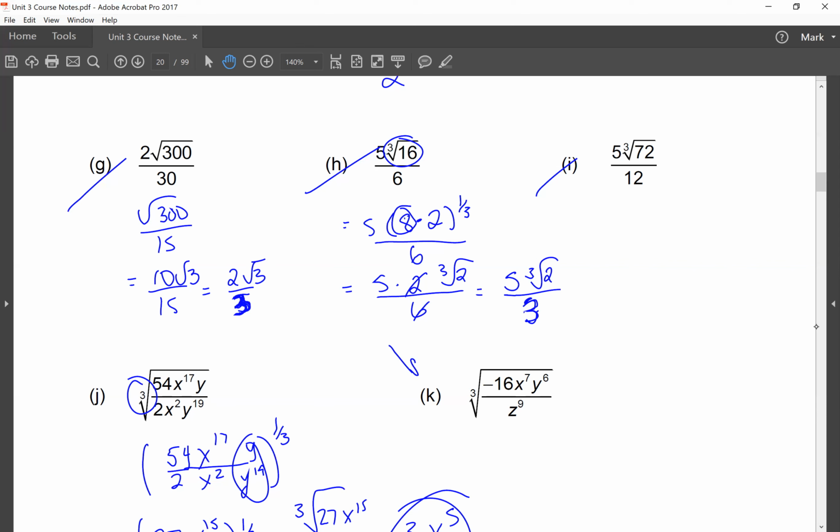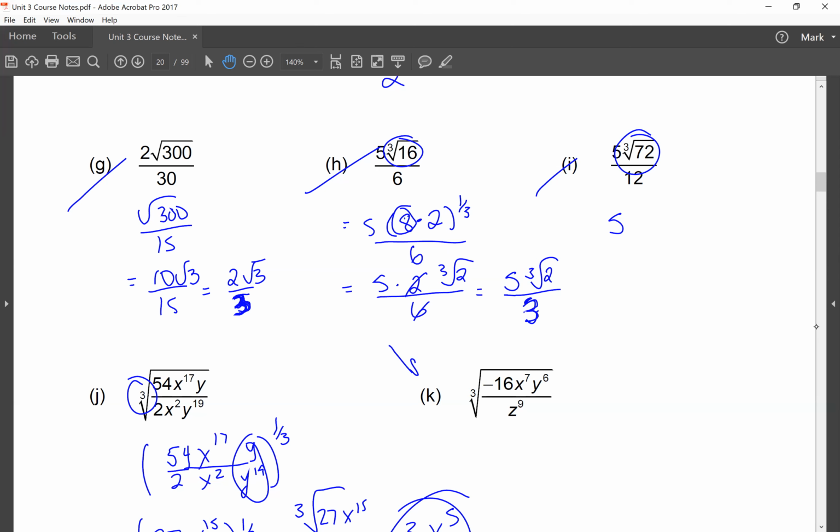Okay. So for I, we get 5 times the cube root of 72 over 12. I don't need to write that again. What I need to do is simplify the 72. So I need to come up with a number that goes into 72. For example, what would be a good perfect square that goes into 72? I know 8 and 9 would go into 72. So let's try that.